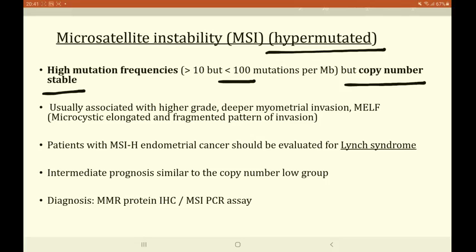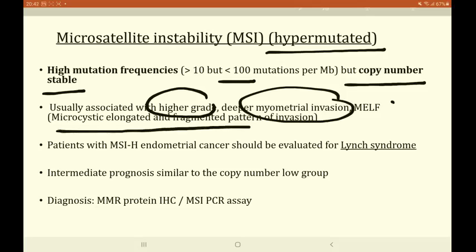The microsatellite unstable group has very characteristic features. They have higher grade, like grade 3, just like the POLE mutation, could have deeper myometrial invasion, and the microcystic, elongated and fragmented pattern of invasion.